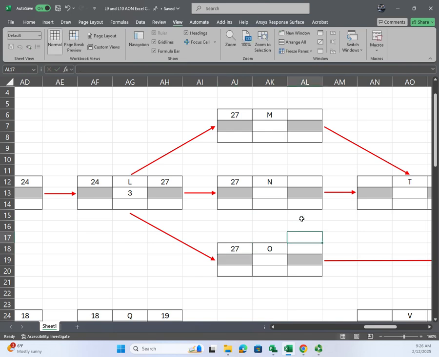So durations: on M, 1. Duration on N, 2. Duration on O, 3. All right, so what's O's time now? 30 days. We're 29 here, and we're 28 up here.